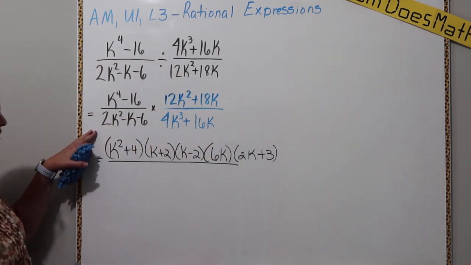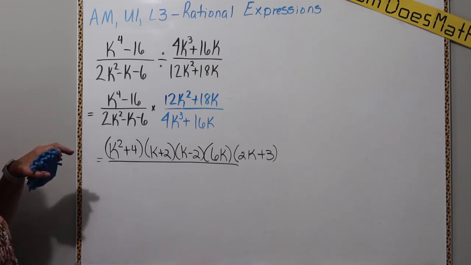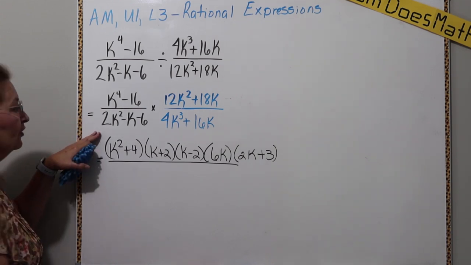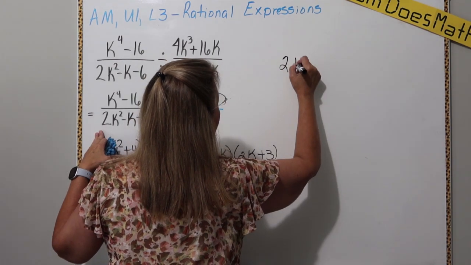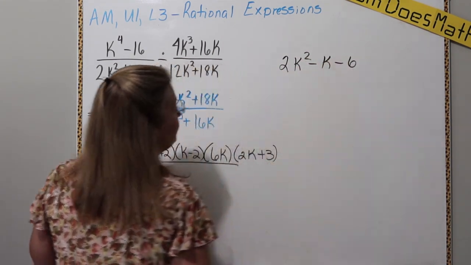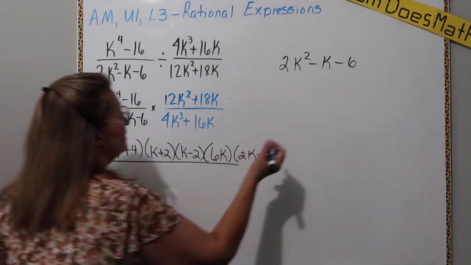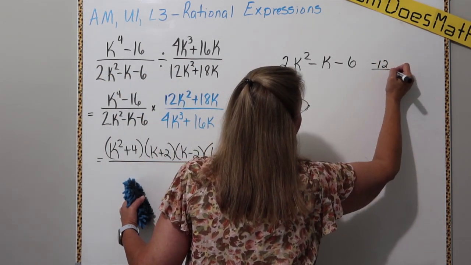Alright, now we do have one trinomial, and it does not have a greatest common factor. It does have a coefficient in front of the first term. So let's come over here: 2k squared minus k minus 6. AC method, multiply a times c, you're going to get negative 12.